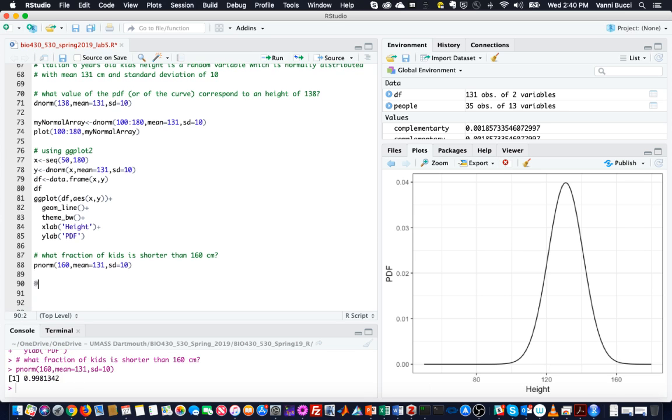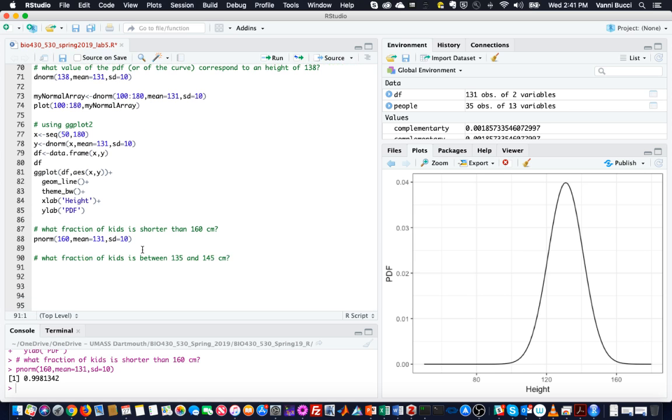Okay. Other question is, what fraction of kids is between 135 and 145 centimeters? How do you do it? Right, remember, pnorm goes from minus infinity to your value, right?